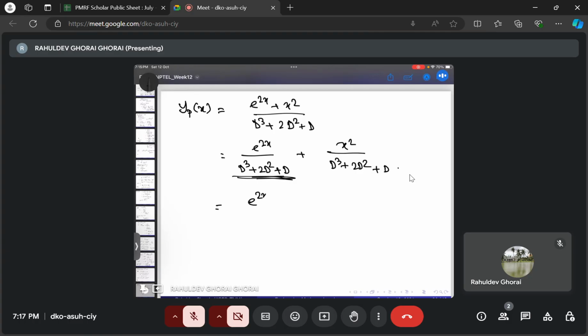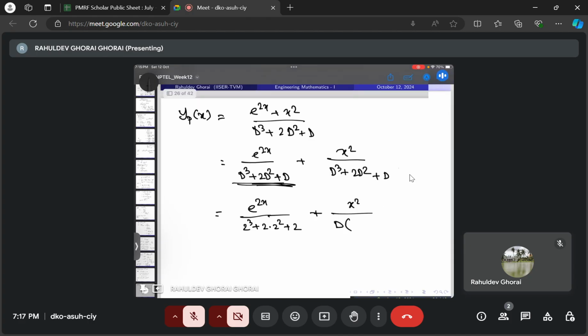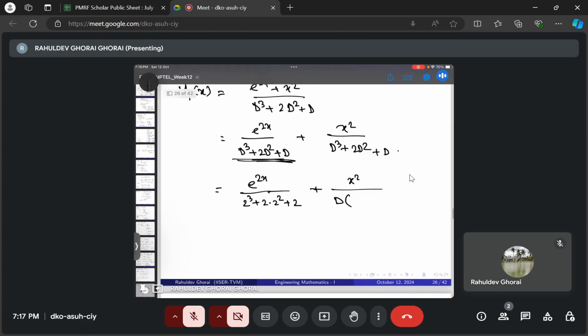So just put it, it will be 2 cube plus 2 times 2 square plus 2, right. Plus x square over, for this one we don't have any so-called rule. So what we will put is D times 1 plus 2D plus D square. Then you can do it.